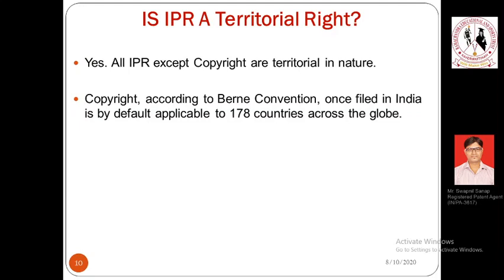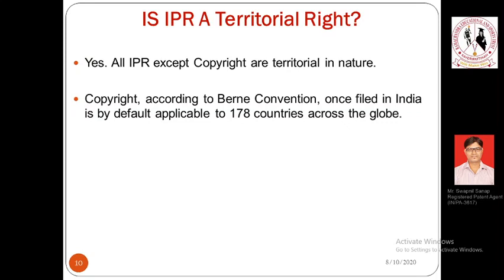Is this clear? Yes, absolutely. So basically, in short, if you file a patent application and you get a grant of a patent in India, that means it is legally enforceable. That means you can stop anybody from copying, selling, manufacturing, or using only in Indian jurisdiction. This is very important to understand.